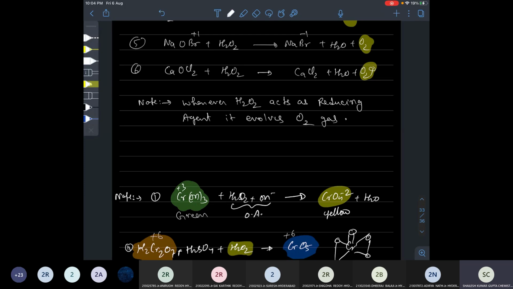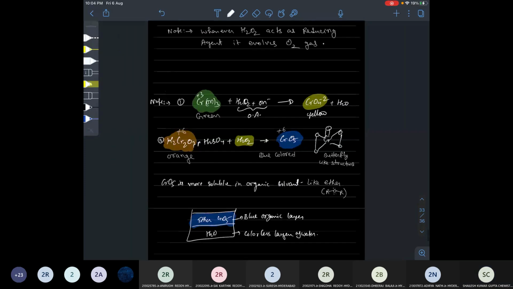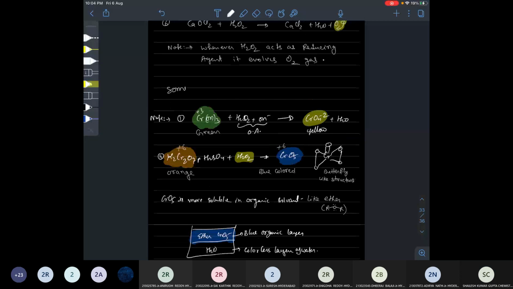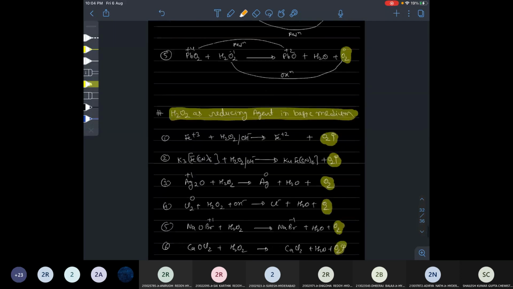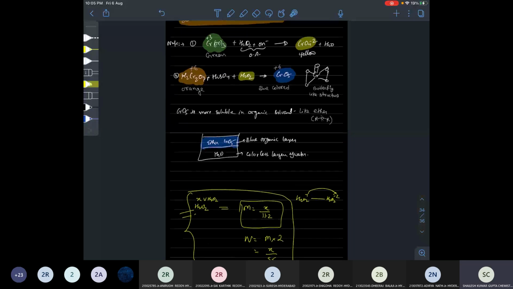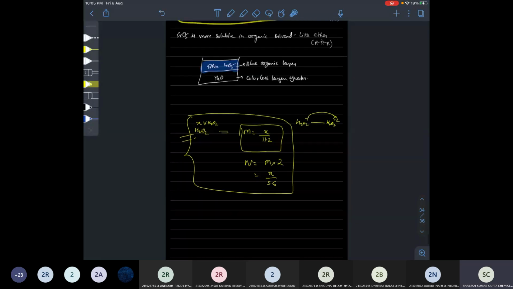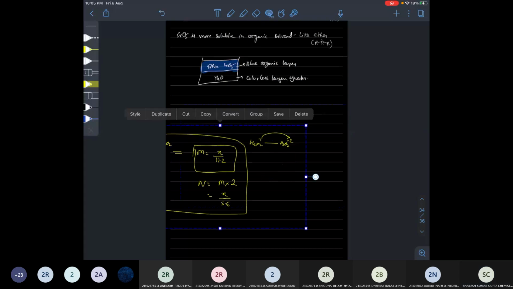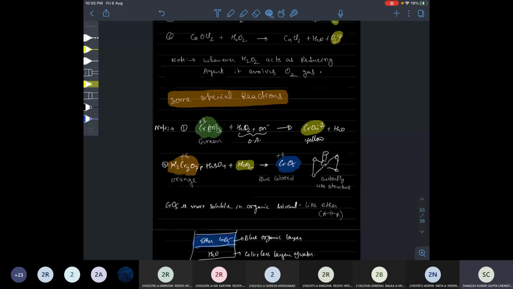Right, so this is the observation, most important observation. Some special reactions in the sense. You can see there is no redox change happening over here. Okay, so that is one of its unique things. And H2O2 concentration, all of these I have already told you.